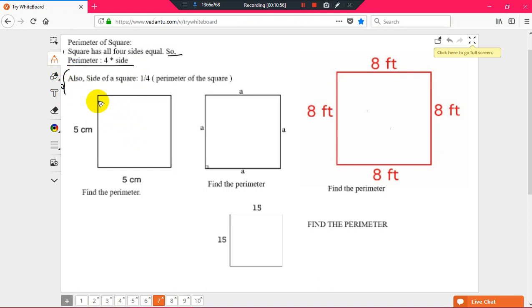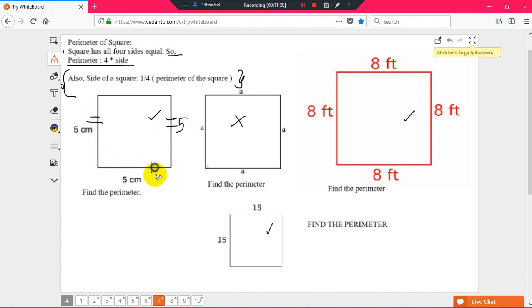We will see this note after finding these. No need of this and this. These 3 squares we are going to find. Find the perimeter. If they have given only 2 sides, how do we find it? We know that all 4 sides are equal, so if here it is 5, here also 5.